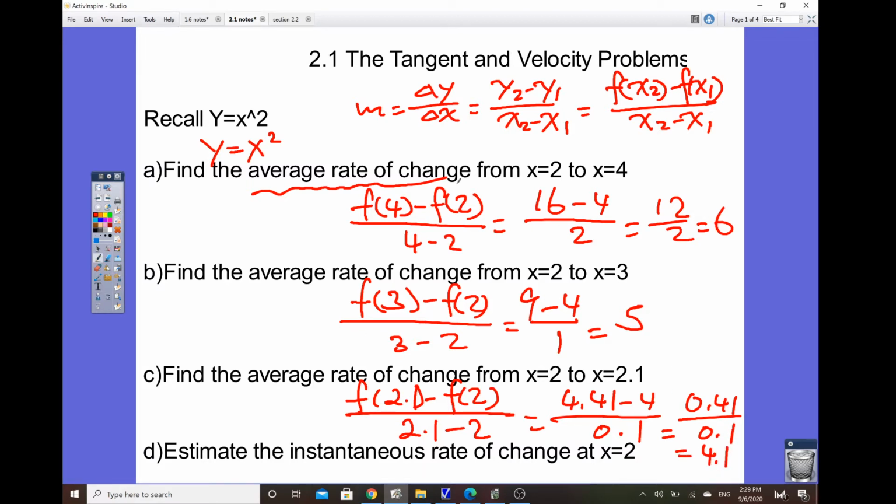Now, the purpose of doing all the average rates of change is that we want to compare the slope, so we can estimate the slope at 2. So as you can see, from 2 to 4, 4 is all the way up here, so that would be like a secant line going through.